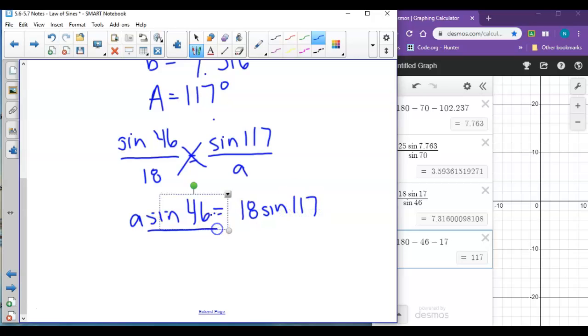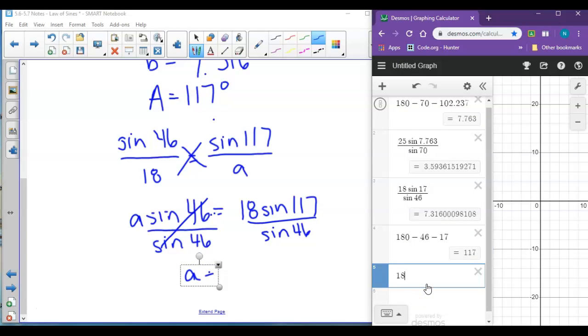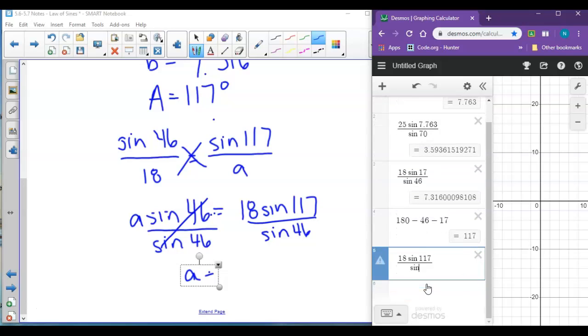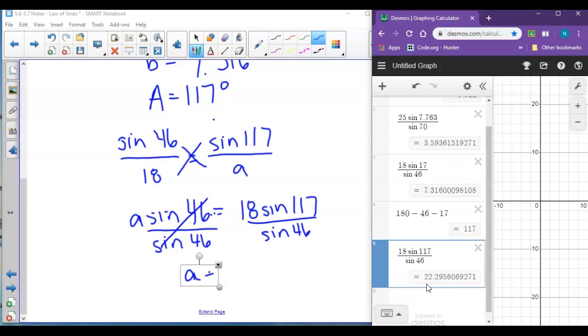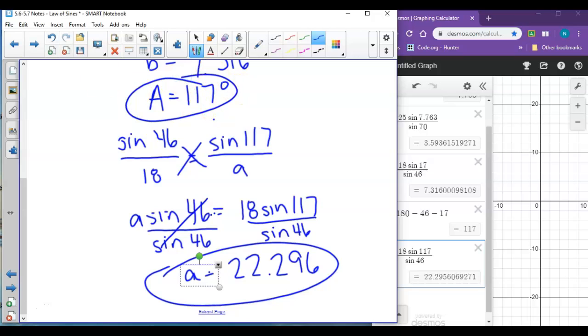I'm solving for A here, so I'm going to divide both sides by sine of 46. And so A is going to equal, go over here and type that in, 18 sine 117 over sine 46, which is going to give me 22.296. And so those are my three pieces that I need to find.